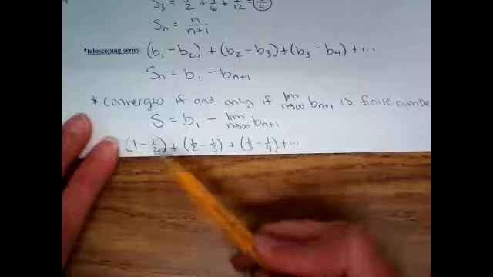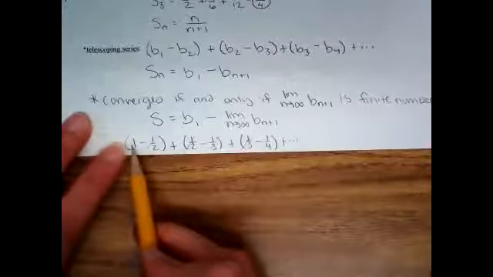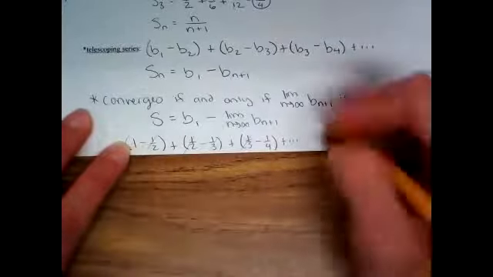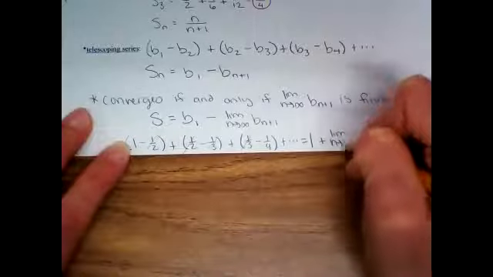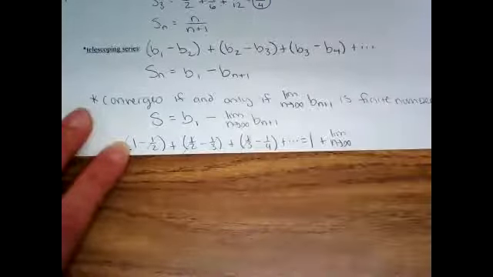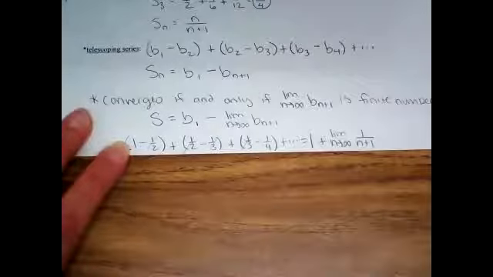And so what's going to happen is these are all going to cancel. And if you want to go out to infinity, it's going to be the first term, so that 1, plus the limit as n goes to infinity of the second part of it, that 1 over n plus 1.